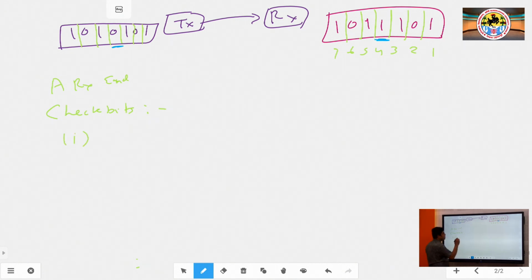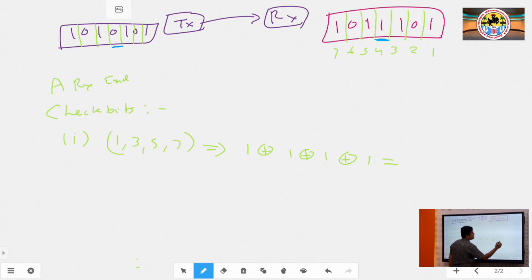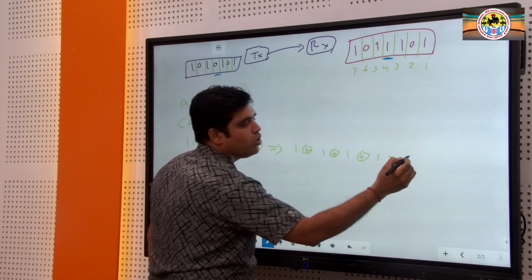First group was 1 3 5 7. Let us XOR these bits. 1 3 5 7 means 1 1 1 1. It gives 1 XOR 1 XOR 1 XOR 1. Result is 0. Why 0?